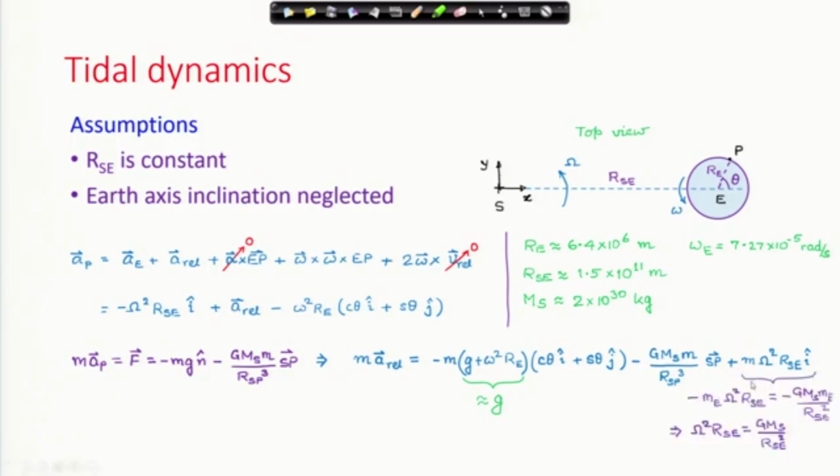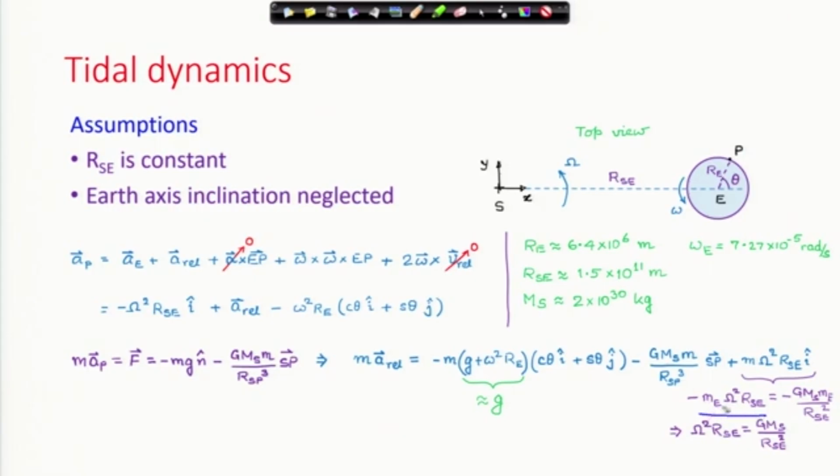This last term, mass times omega of the earth around the sun square into r SE, I can write in terms of, by equating the centripetal acceleration of the earth. This is the centripetal mass times centripetal acceleration.